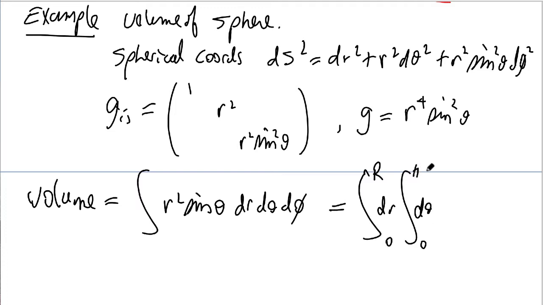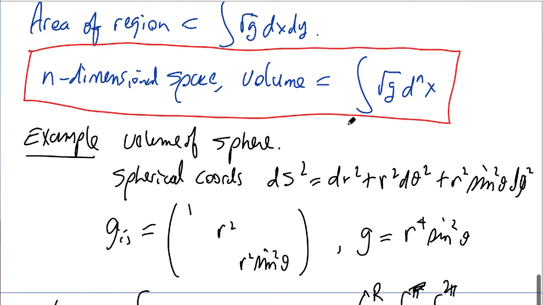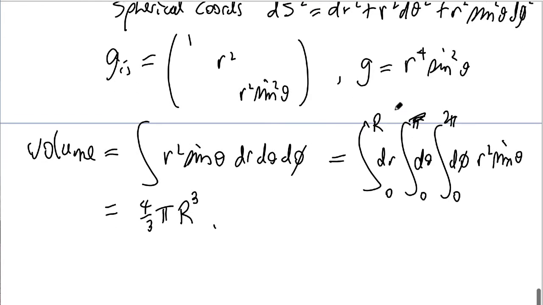Theta goes from 0 to pi. Phi ranges from 0 to 2 pi. And we have r squared sine theta. So if you carry out this integral, you find the usual result, 4/3 pi capital R cubed. So here we have the general result for the volume of n-dimensional space. What about the volume of space-time?